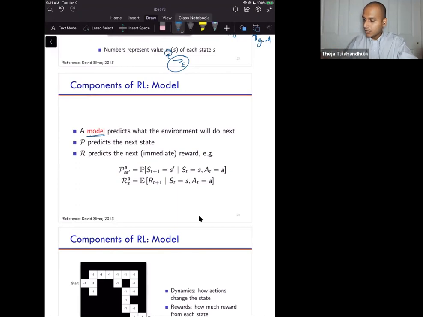So those you can explicitly capture as some sort of probabilities and the corresponding random variables. In this slide, I'm just saying that all those probabilities and random variables you can represent using the script P and script R notations.